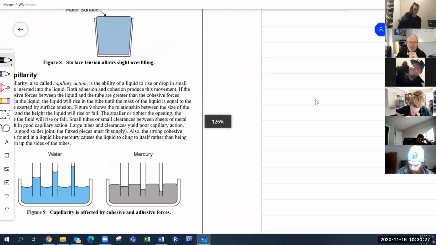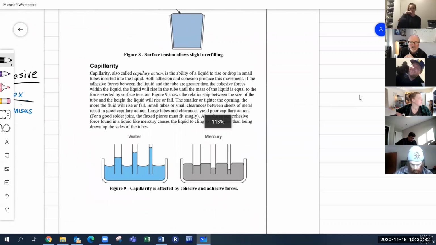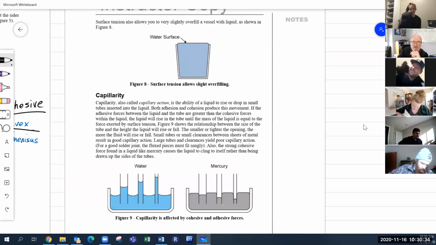And we talk about now that capillarity. Oh, look at this picture. They have water surface. As you can see, they overfill. Nobody's ever overfilled a glass, eh? No, I've done it all the time. Make a big mess. Okay, so capillarity is also called capillary action.